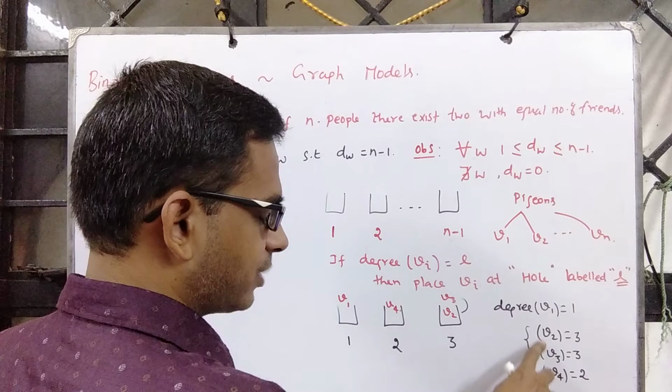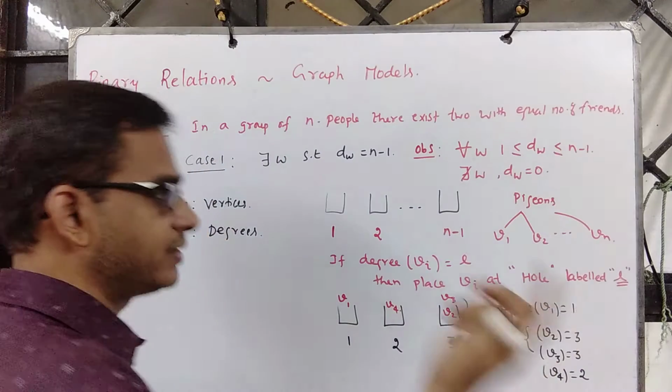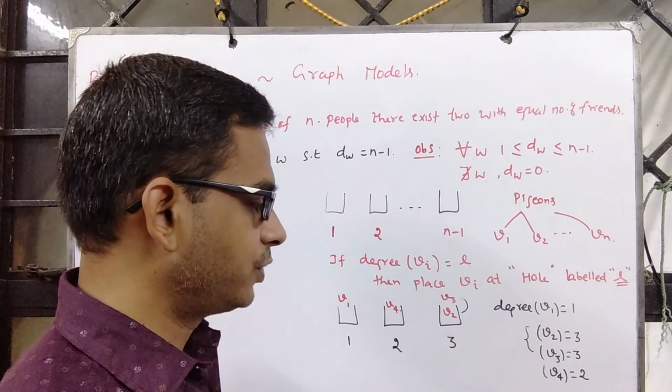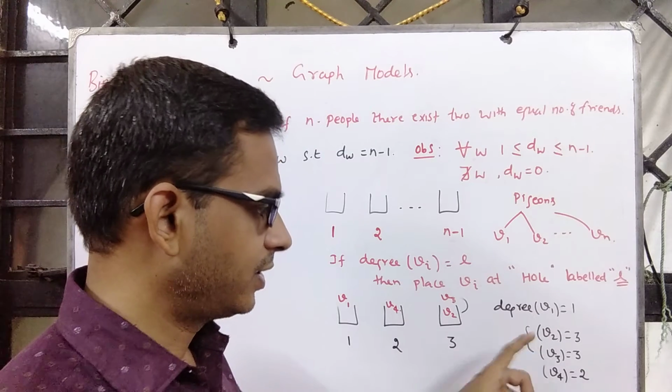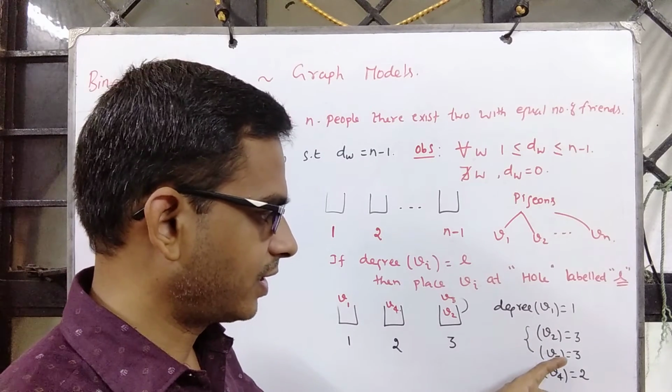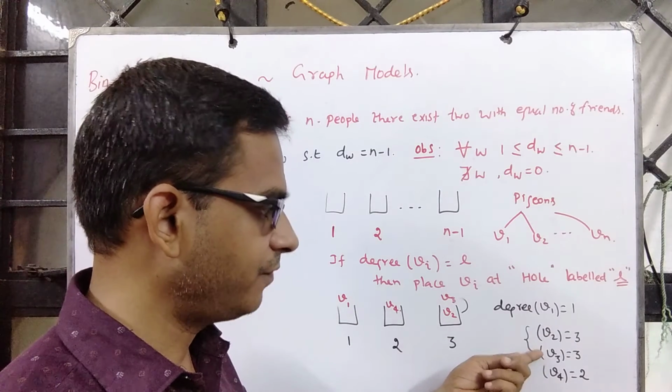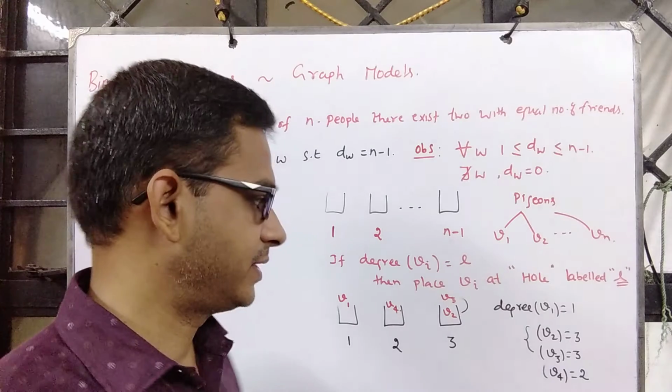These 2 vertices correspond to 2 persons in the underlying application. So these 2 persons represent the desired client, meaning they both have equal number of friends.